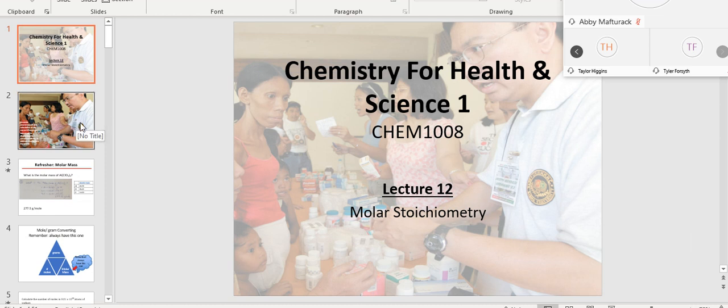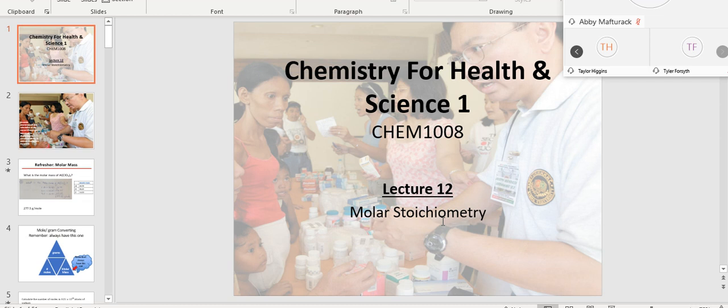So what we're talking about here is stoichiometry. We've been doing this for the past 2 weeks, and it's all based on the chemical equation. A plus B produces C plus D, and based on the law of conservation of mass, we can't destroy.